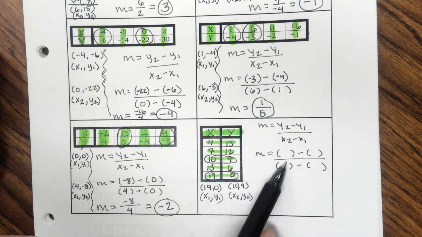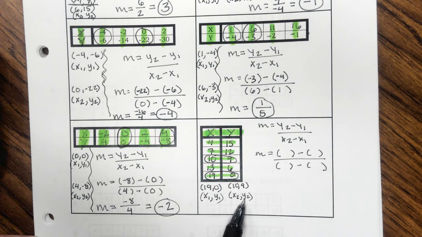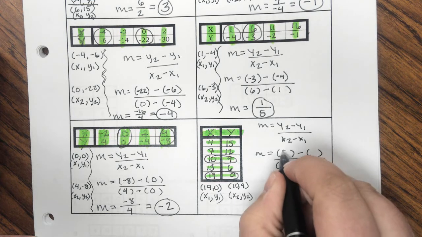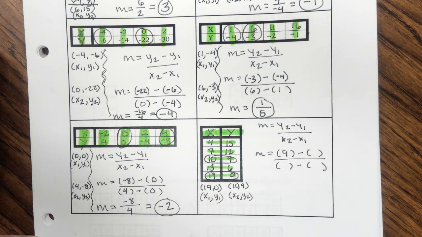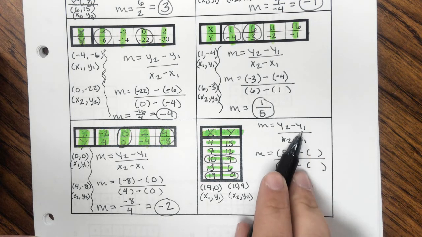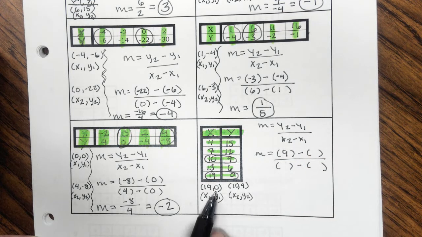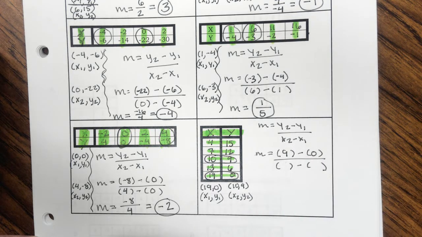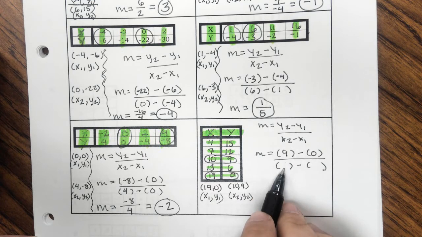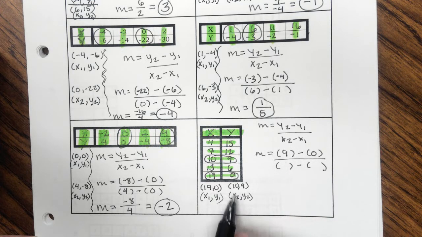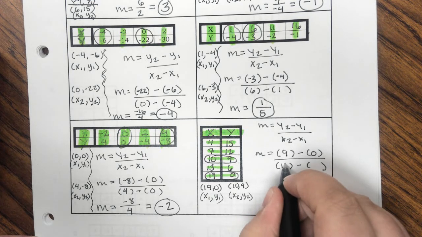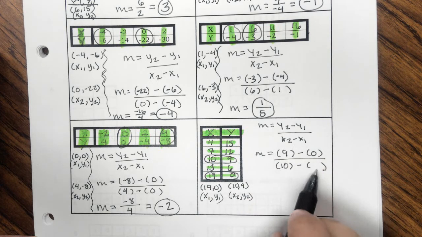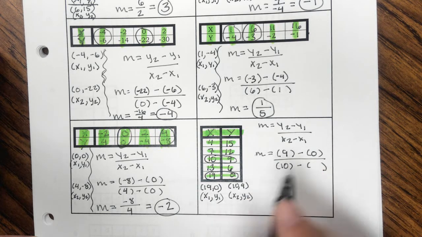Instead of writing all those letters, I'll put some blank parentheses or bubbles in their places. In the bubble for y2, which is labeled 9, I'll use a 9 there. Minus y1, which is 0, over x2, which is 10, minus x1, which is 19.